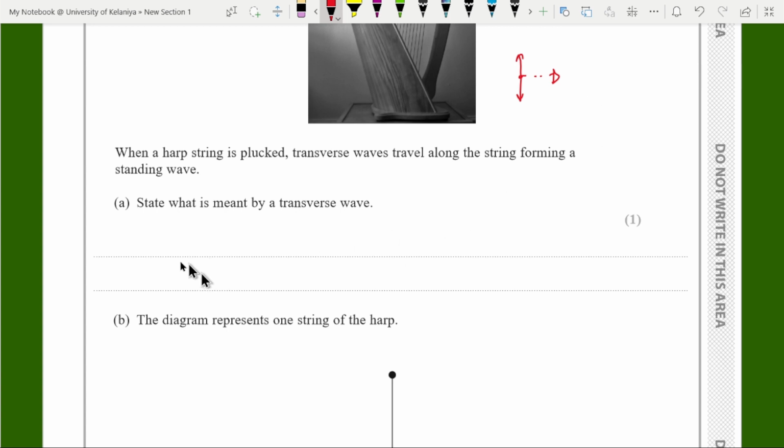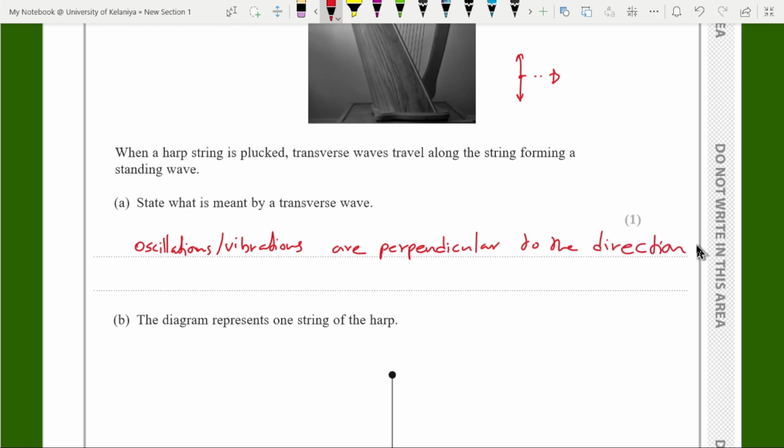So I have to write that: oscillations or vibrations are perpendicular to the direction of energy transfer or wave travel.